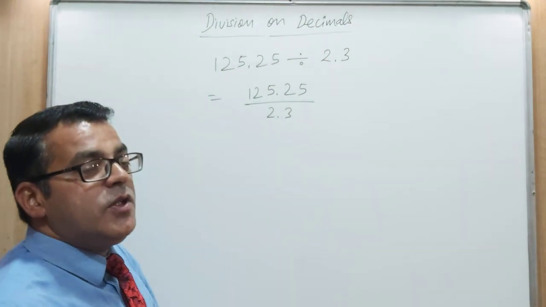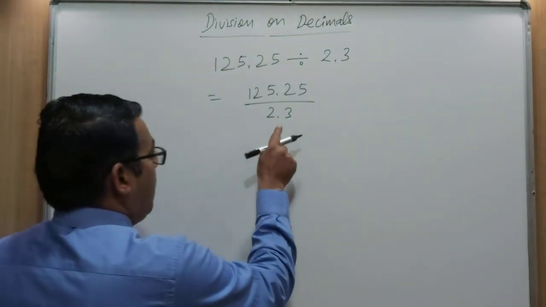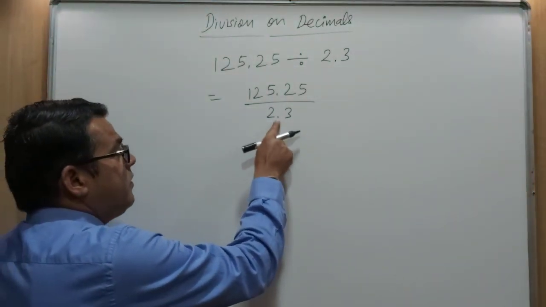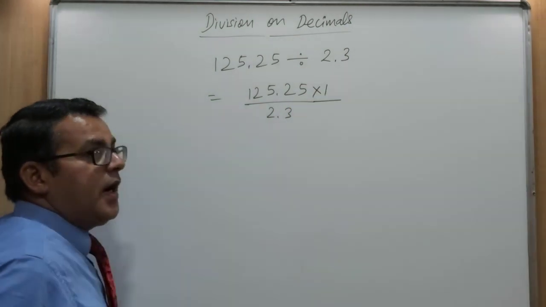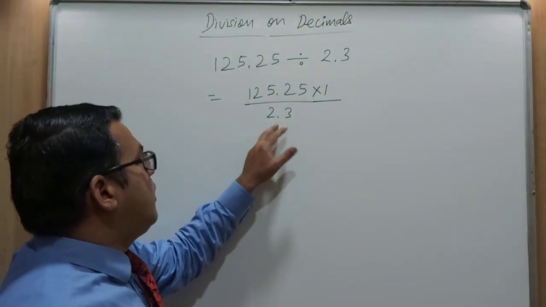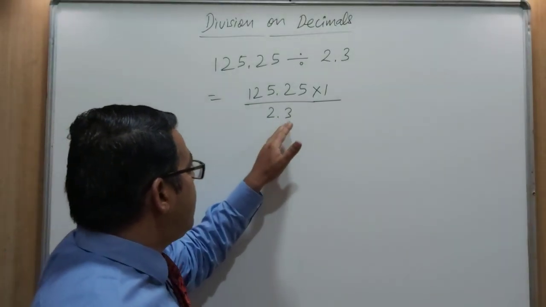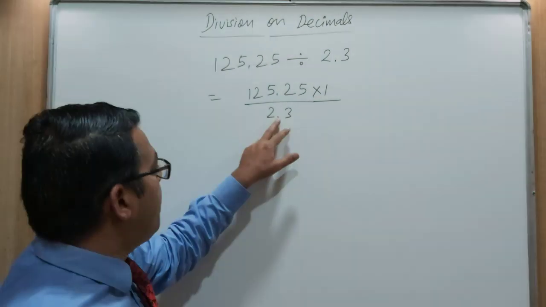In my previous video I already explained how to remove it. We have to remove this point, so on the opposite side we need to multiply by a number. First you need to find how many digits are after the decimal point.